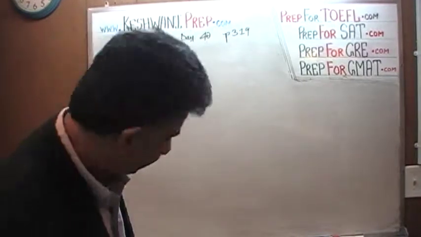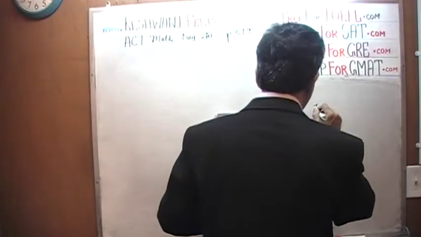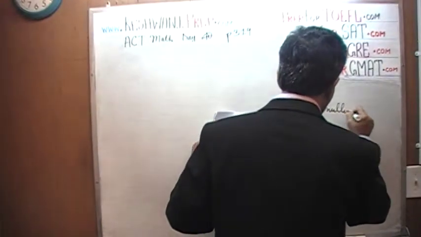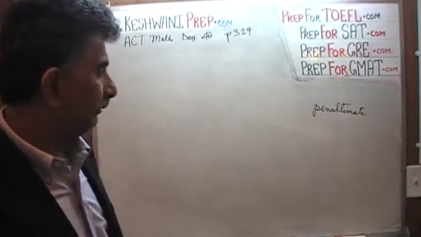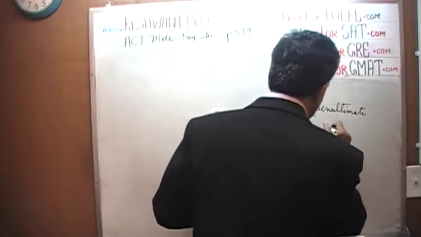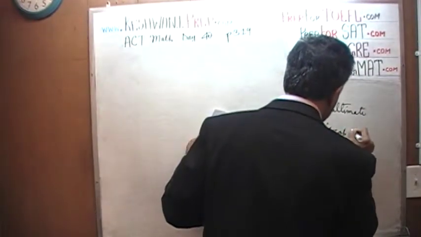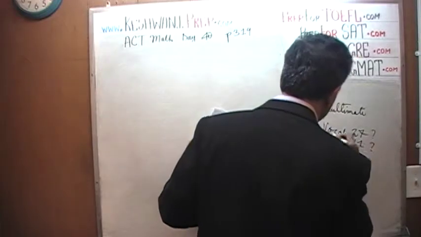Problem number 59 is what we're about to do, the penultimate problem, the second to the last problem. I do not remember when we learned this word. I believe it's either day 27 or day 11, something like that.